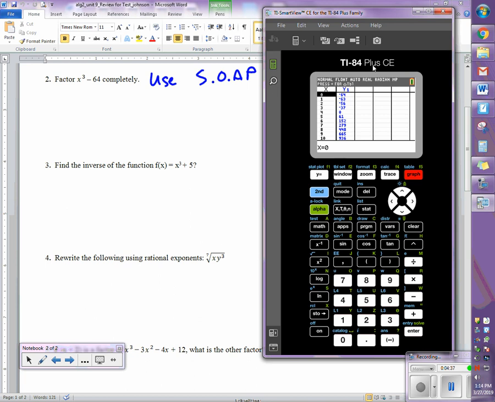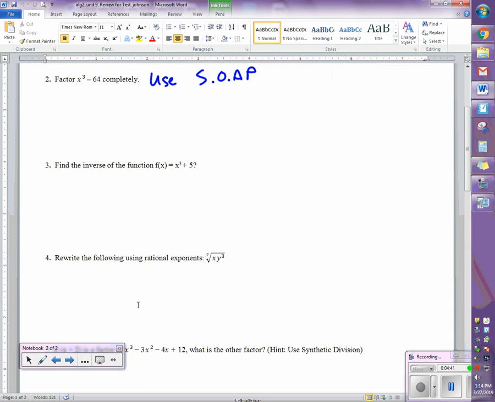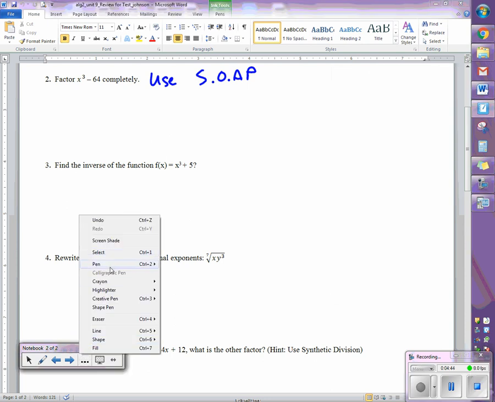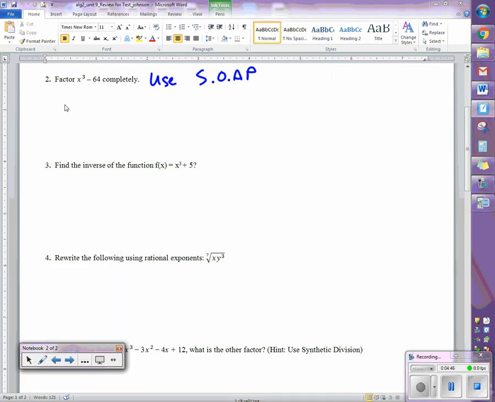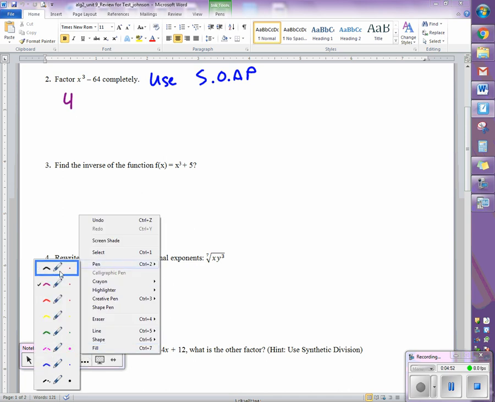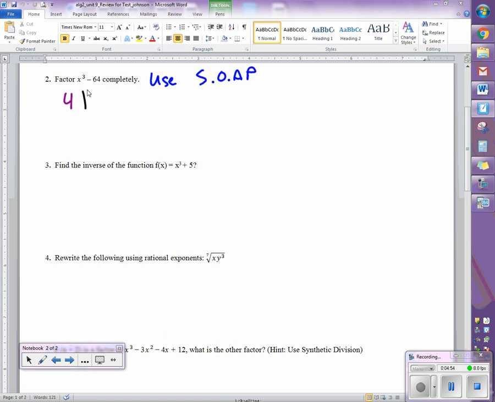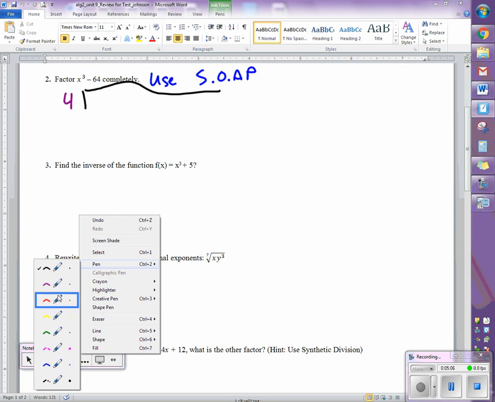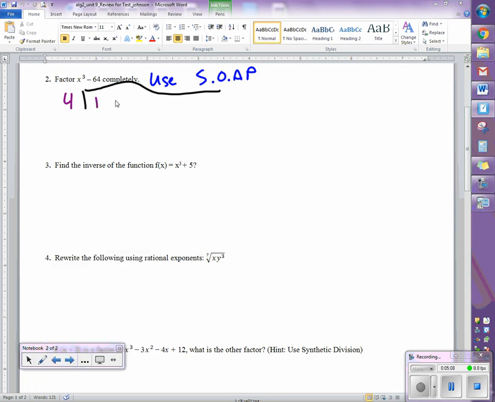So we're going to use synthetic division to prove that that solution is 4. So 4 goes outside the house. So since the degree is 3, I'm supposed to have 4 terms, and I'm missing 2. I'm missing both of the ones that are in between. So inside the house, I would use a 1, 2 zeros, and then a negative 64.